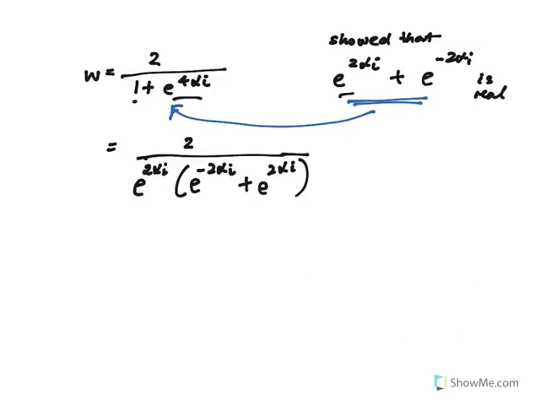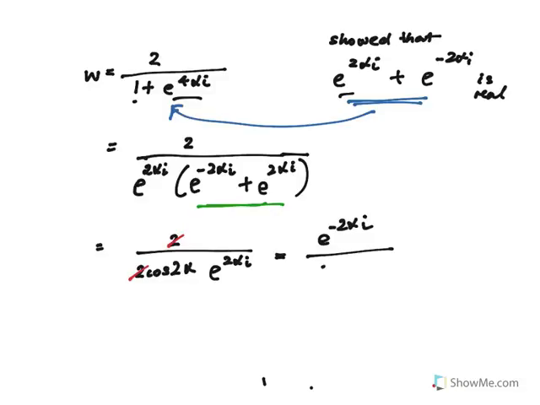It's not easy to recognize, I must admit. From here, we know that this portion based on part 1 is nothing but 2 cos 2 alpha, multiplied by e to the power of 2 alpha i. If I cancel off, I'm left with e to the power of 2 alpha i in the denominator. So I can also bring my e to the power on top and write it as e to the power of negative 2 alpha i over 2 cosine 2 alpha.